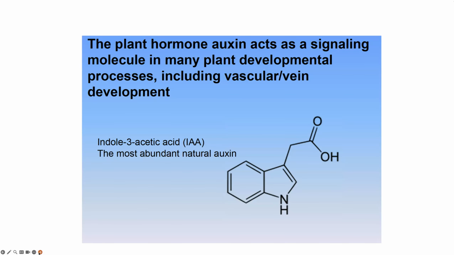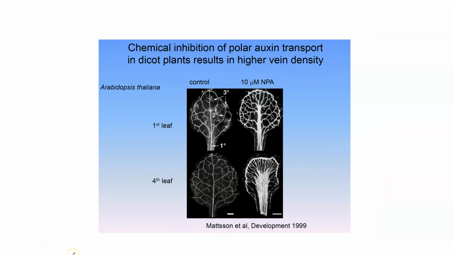So this is the most common one, which is indole-3-acetic acid, IAA. There are some slight variants that probably do different things, but this is as much as you need to know in this case.